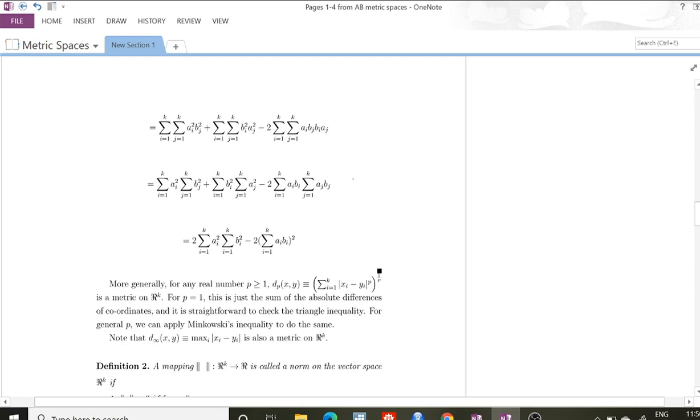So now I want to talk about, first briefly and then a little bit more in detail, this generalization from d2(x,y) to dp(x,y). Okay, so that's here, right?